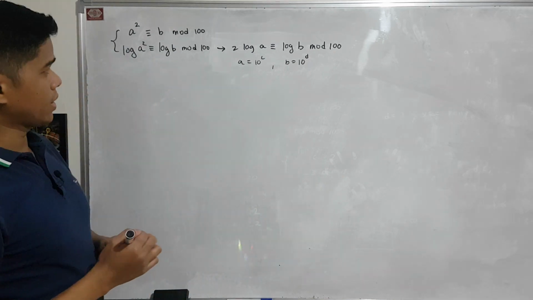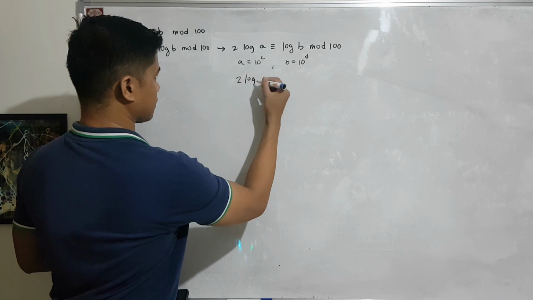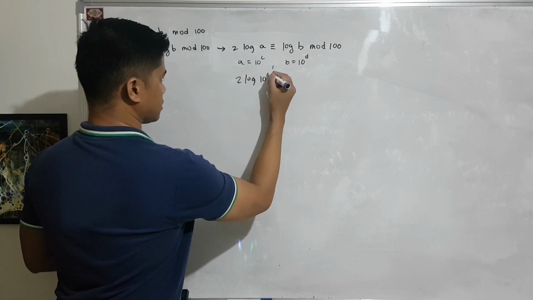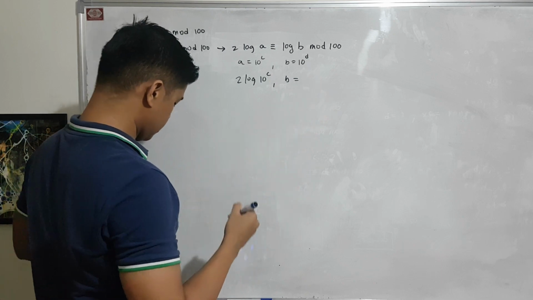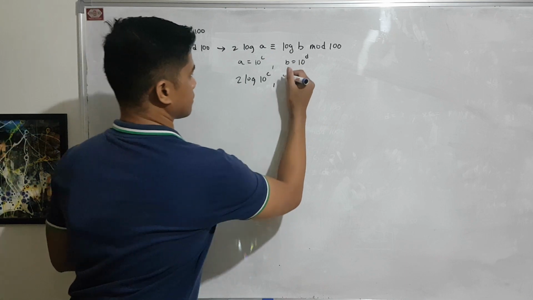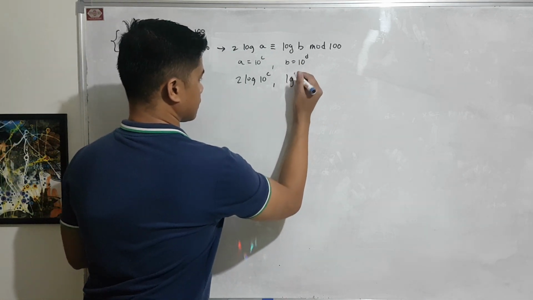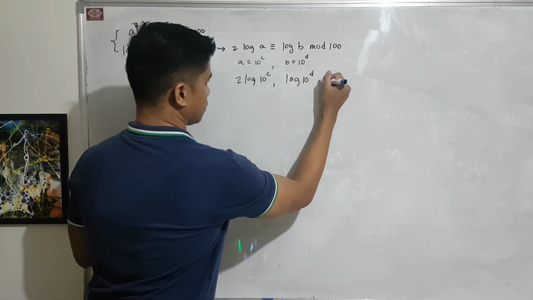Okay, so we can rewrite our second congruence into 2 log of a, which becomes 10 to the c, congruent to log of b, which is 10 to the d, mod 100.